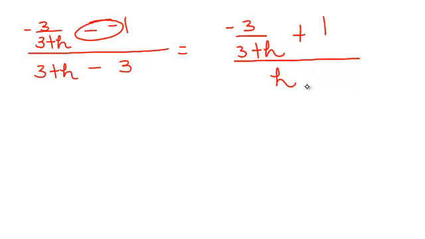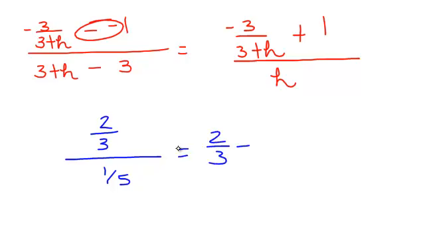I have a fraction within a fraction. A quick review. If I have 2/3 divided by 1/5, I know that looks ugly, but isn't that just 2/3 divided by 1/5? Same thing, right? Which is 2/3, instead of divide, you multiply by the reciprocal, correct?